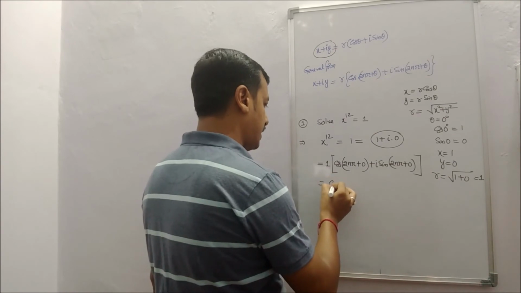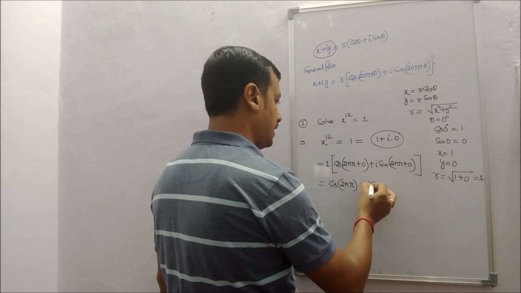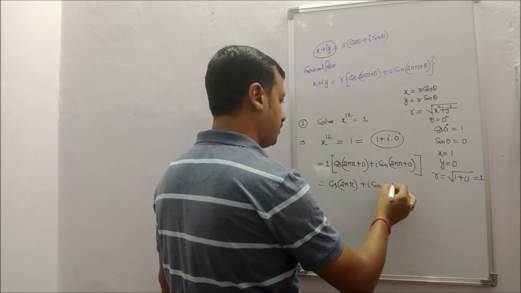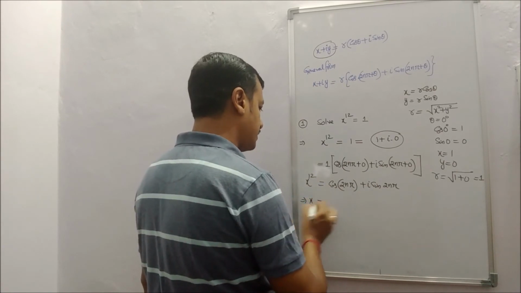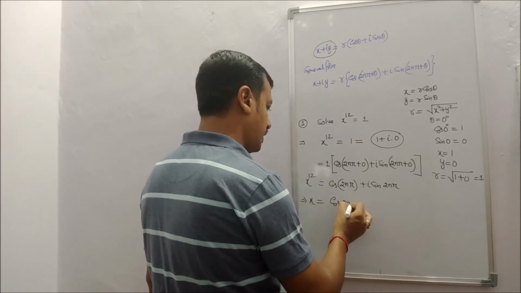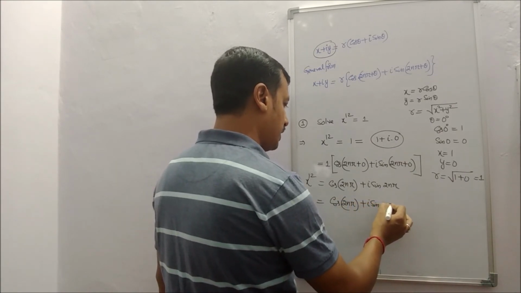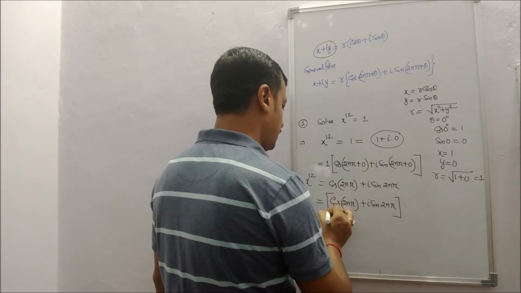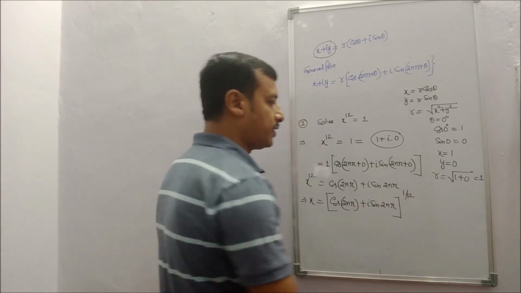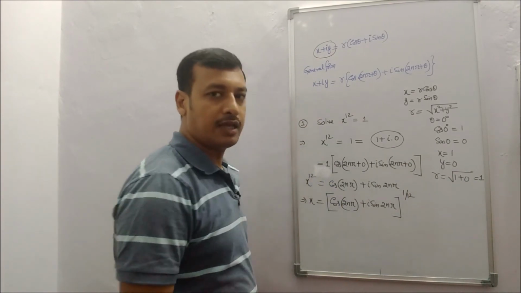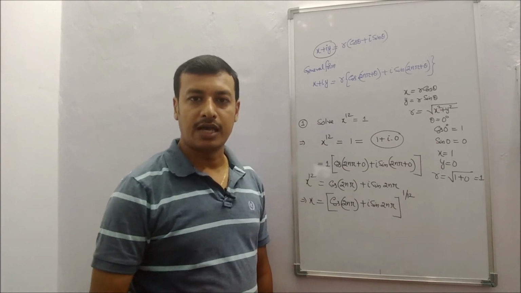So in the next case it is cos 2n pi plus I sin 2n pi, equal to x to the power 12. So value of x is equal to cos 2n pi plus I sin 2n pi to the power 1 by 12. Now using De Moivre's theorem, that is cos theta plus I sin theta to the power n is equal to cos n theta plus I sin n theta.